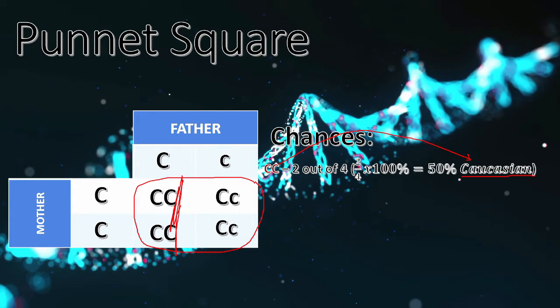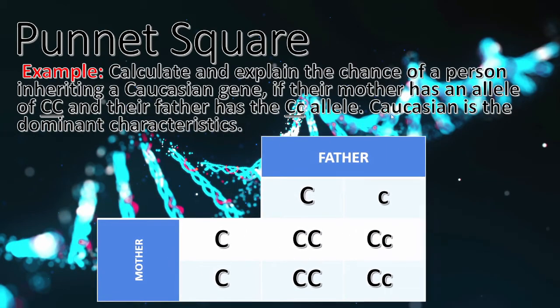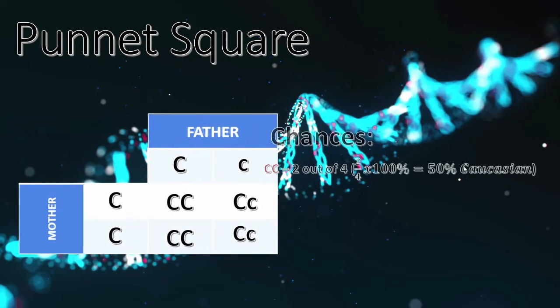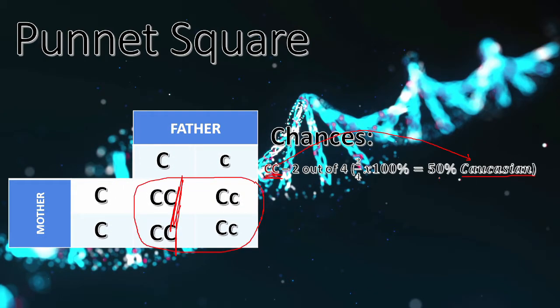Again, it's a dominant allele. So if either one of them is present in our allele here, the dominant trait will always come out, which is the Caucasian. It's a dominant characteristic. Okay, and the next chances would be 2 out of 4, which is the capital letter and a small letter.